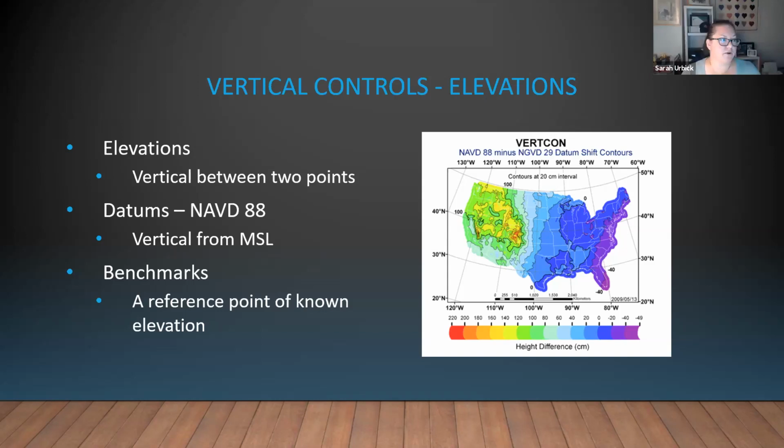And this verticon is showing the difference between the elevations in 1929 and the elevations in 1988. Okay. So vertical distance, we take those known elevations, and that's our beginning.